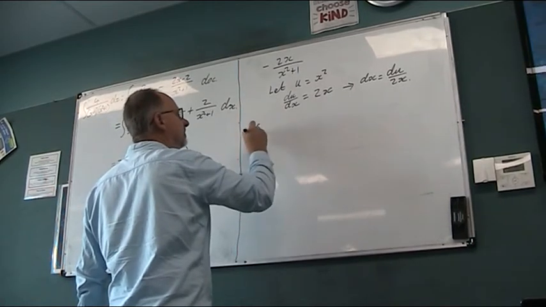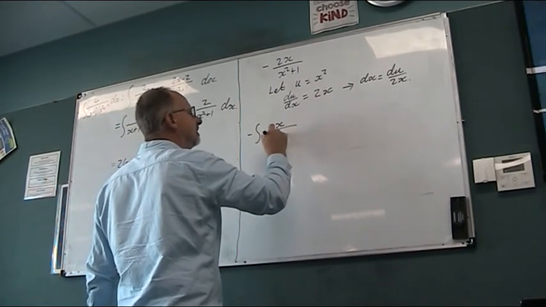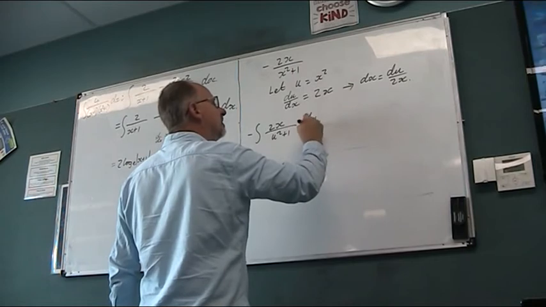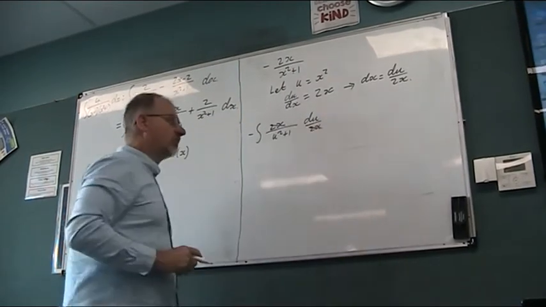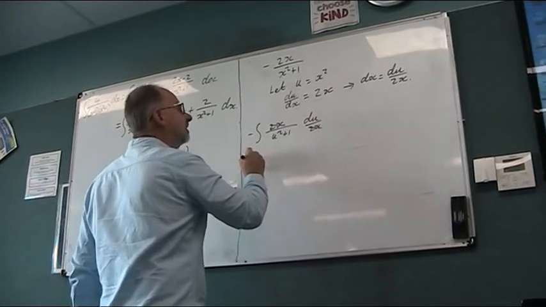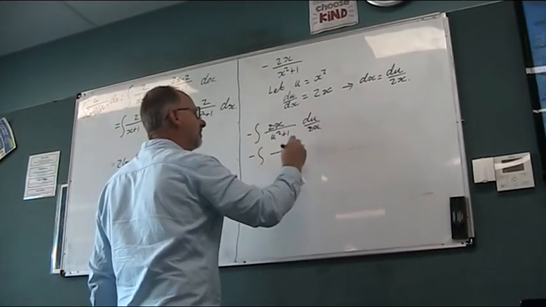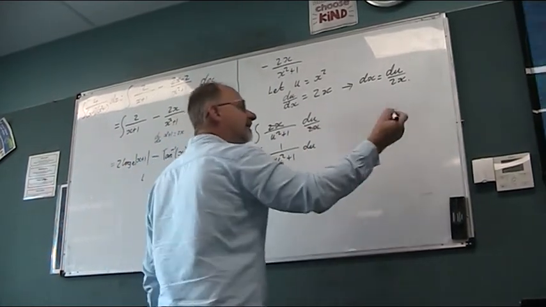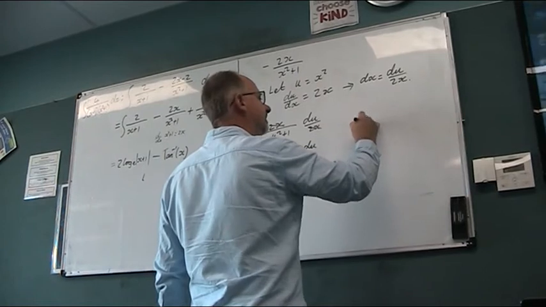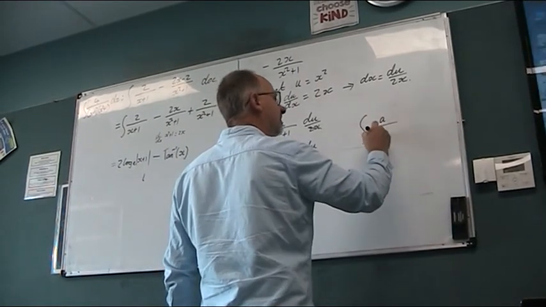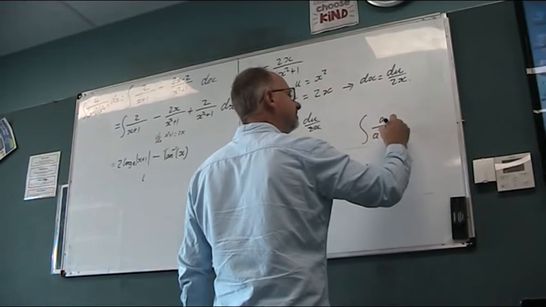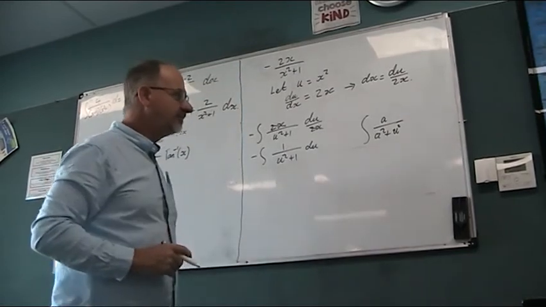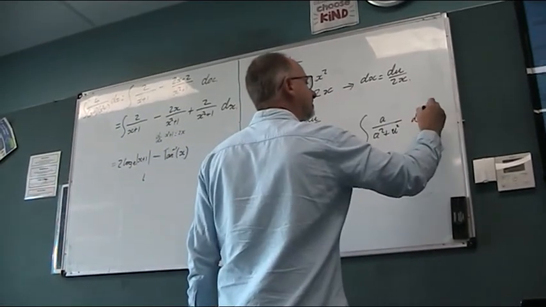So the integral with the negative out the front, of 1 over u squared plus 1, and dx is du on 2x. The 2x's cancel, and so you've got negative 1 over u squared plus 1. And the inverse tan one is a over a squared plus, in this case, u squared, du.